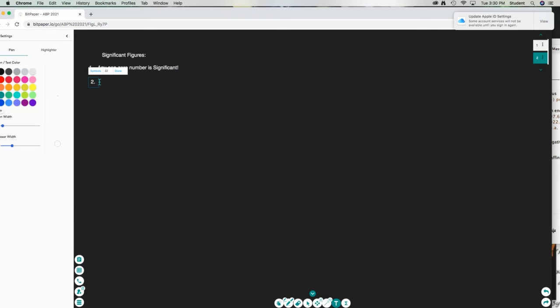The first zero rule is any zeros between two significant figures are significant. So in the number 101, how many significant figures do you see? There's 3 sig figs. Do you guys see that? Because it's in the middle of two non-zero numbers. Yes or no? Yes.